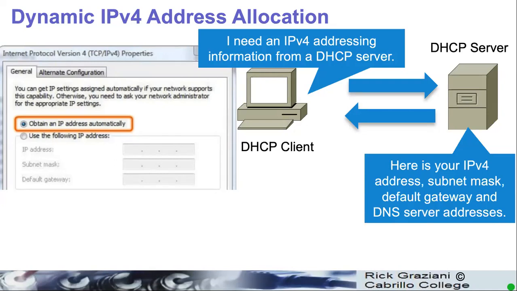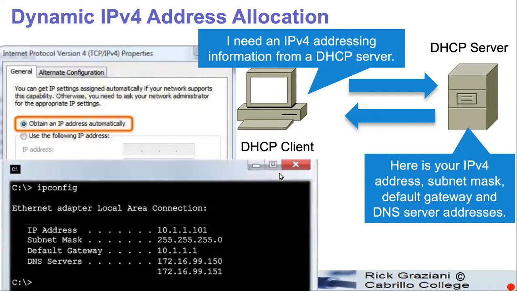This is a stateful DHCP server. What that means is the server is maintaining state, knowing which clients are allocated which IPv4 addresses. And this is the information that the client received.